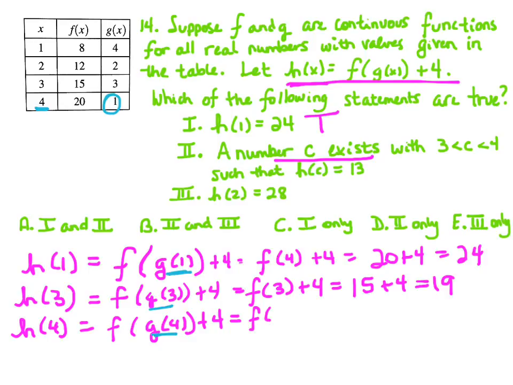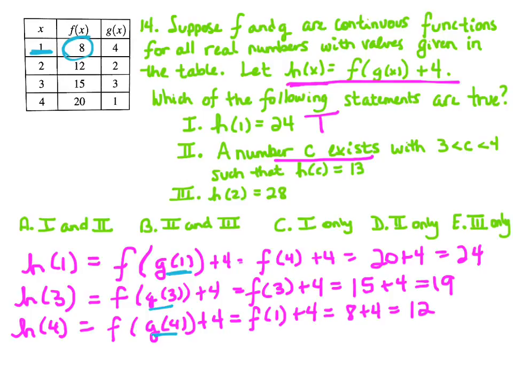So this is equal to f of 1 plus 4. Now I need to find that value for f of 1. Here's my 1 value. f of 1 is 8. So if I plug in 8 plus 4, that is equal to 12.